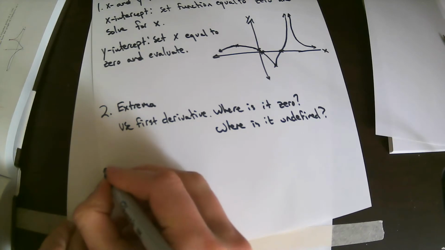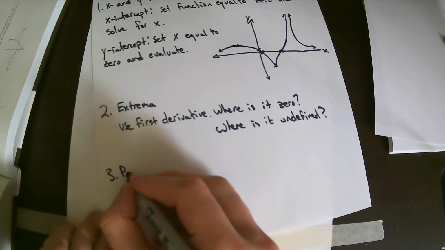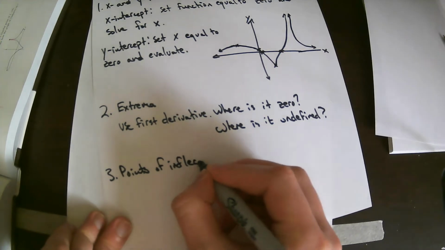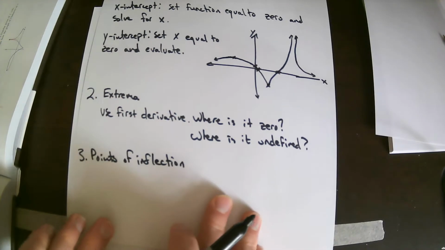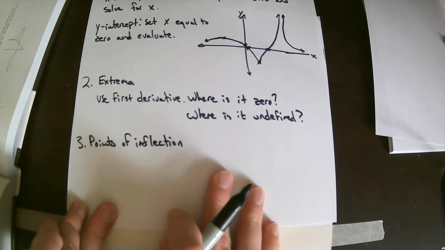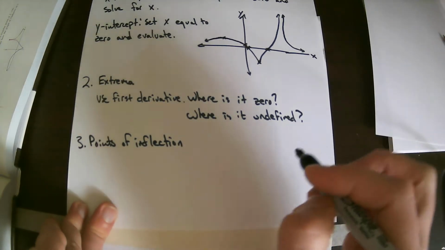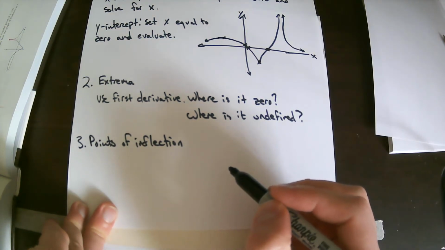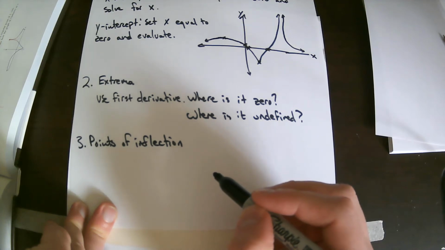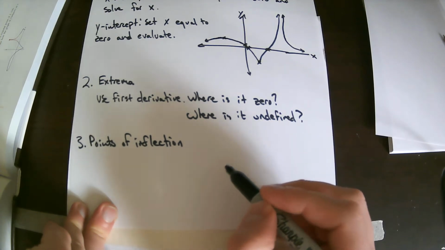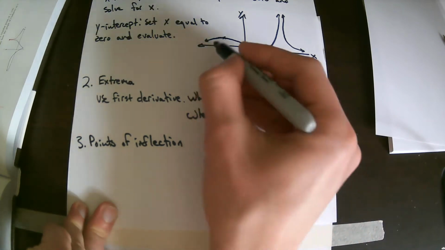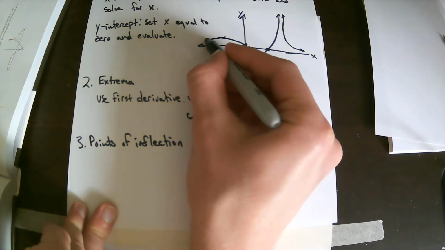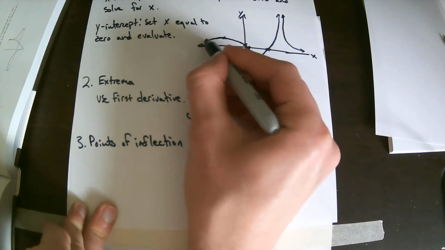Okay. Then we had points of inflection. That was what we just went over in 5.3, so I won't go into too much detail about that because we have all of that already. Those points of inflection are going to happen where the concavity of this graph is changing. The way they've drawn it, their graph kind of tilts a bit more, so they're saying there's a point of inflection there.